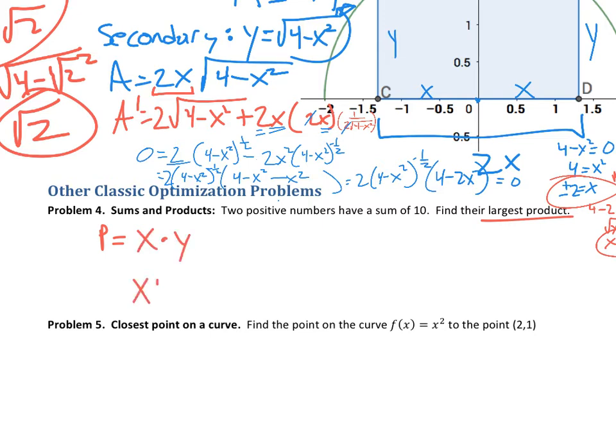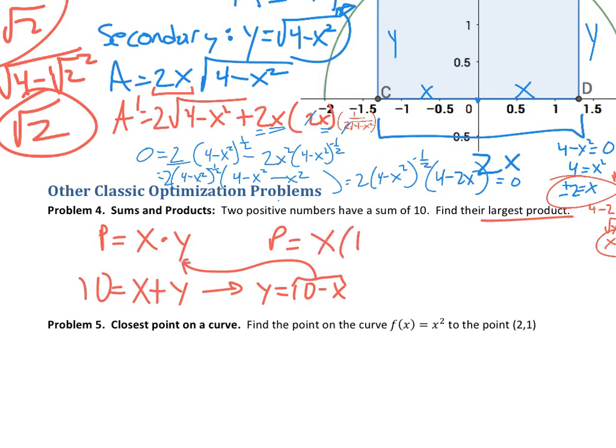But then we know x plus y has to be 10. If you solve this, y equals 10 minus x. We're going to substitute for y, so we're going to put this into there.